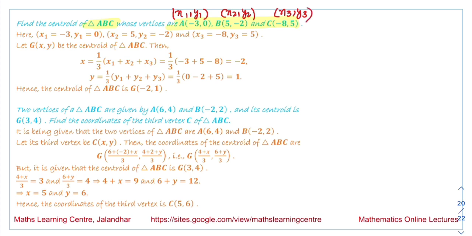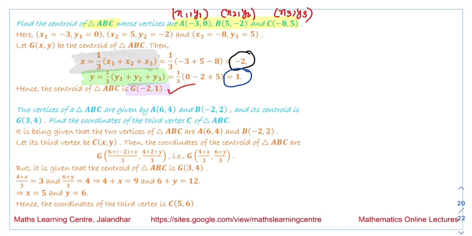We know the formula for the x coordinate is 1 by 3 times (x1 plus x2 plus x3), and for the y coordinate it is y equal to 1 by 3 times (y1 plus y2 plus y3). So the answer for the x coordinate is minus 2, and for the y coordinate it is 1. So G is (minus 2, 1), and these are the coordinates of the centroid of the triangle.